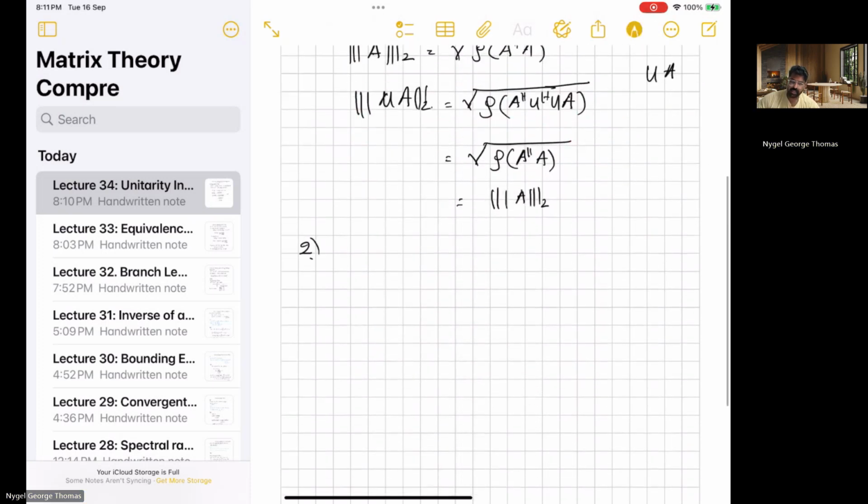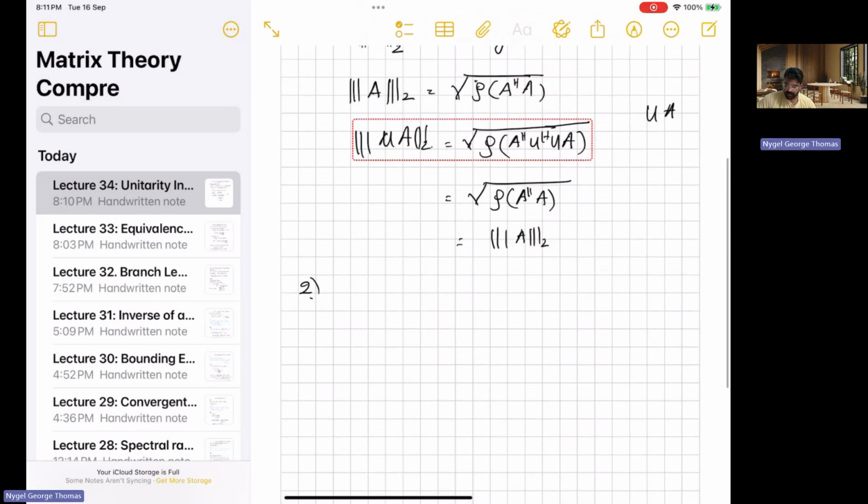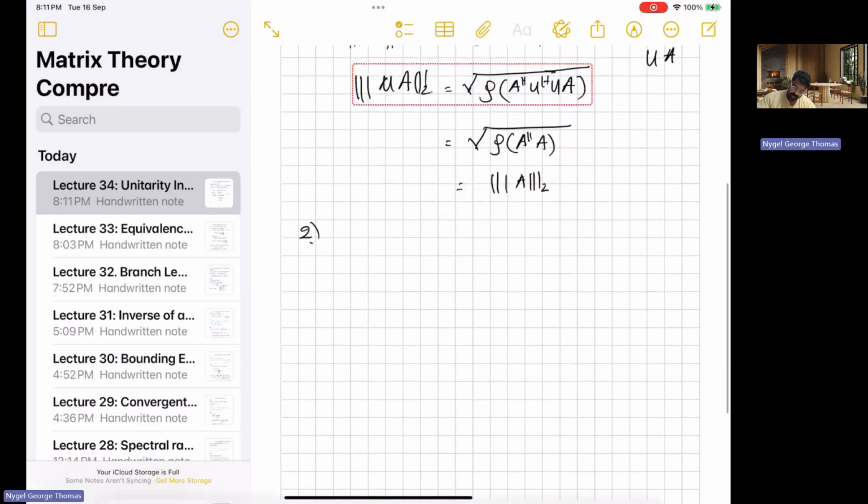And now another definition is self-adjoint norms.